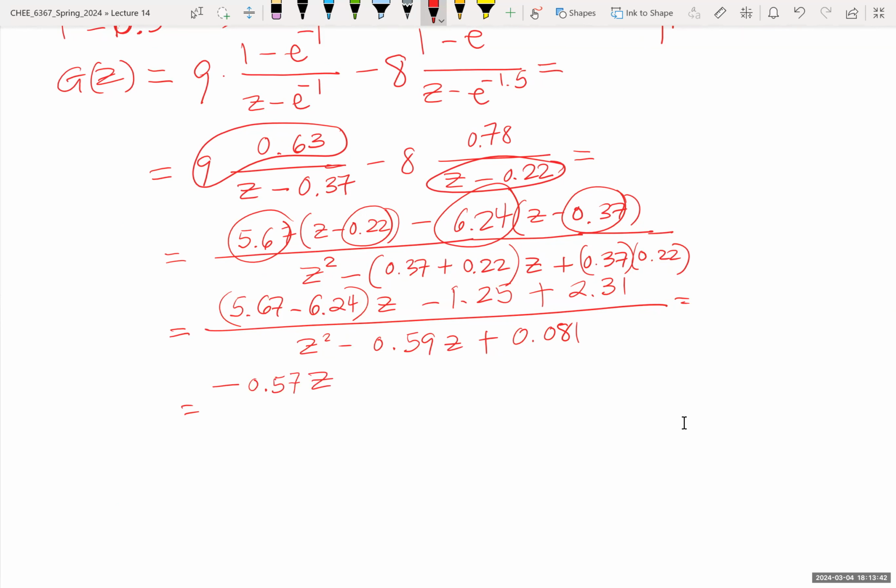Okay. And this is plus 6, 1.06. All right. The denominator is the same. So this is my transfer function.